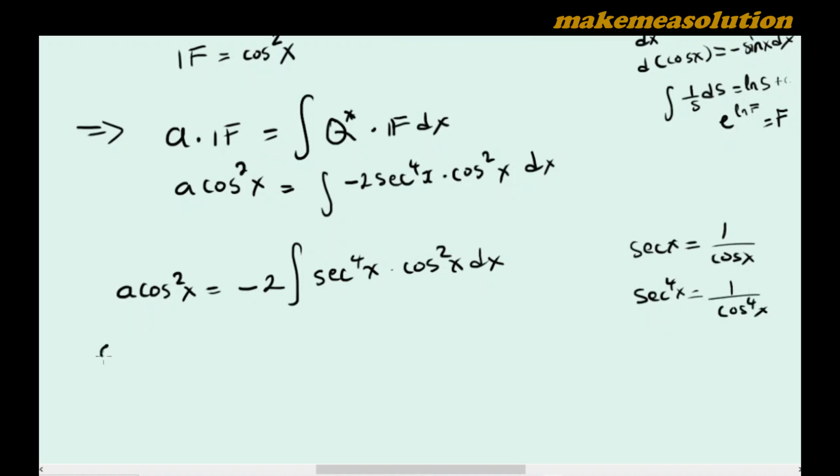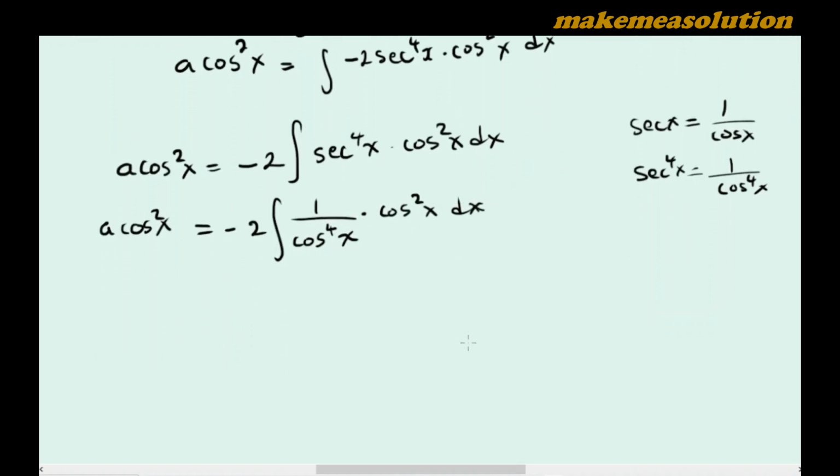So you now say a cos squared x is equal to minus 2 integral of 1 over cos to the power of 4x, then you now have cos squared x dx. Is that okay?